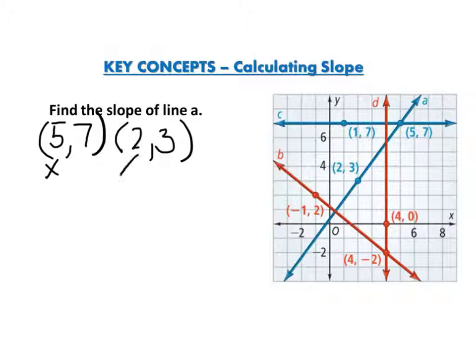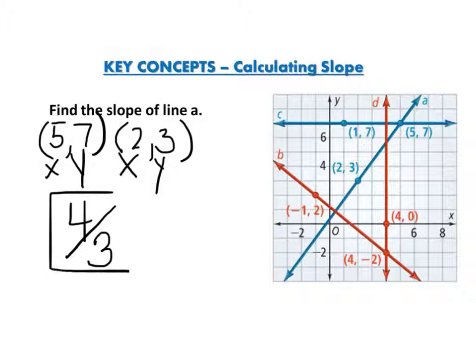Remember, this is x, this is y. So the difference in the y values between 7 and 3 is 4. And the difference in the x values, the difference between 2 and 5, is 3. So the slope of line A is 4/3. You don't have to change that to 1 1/3, just leave it as an improper fraction.